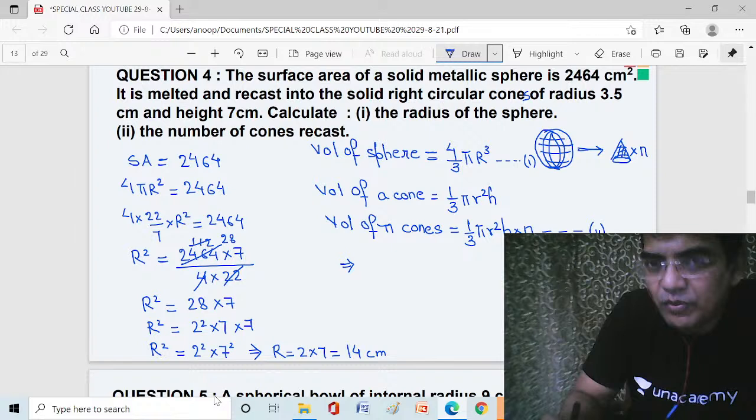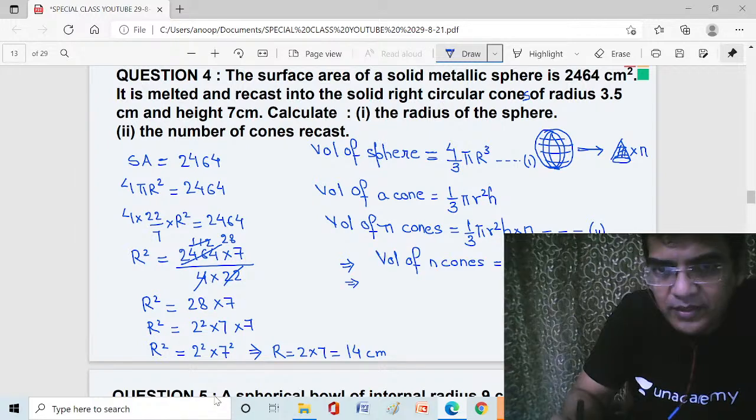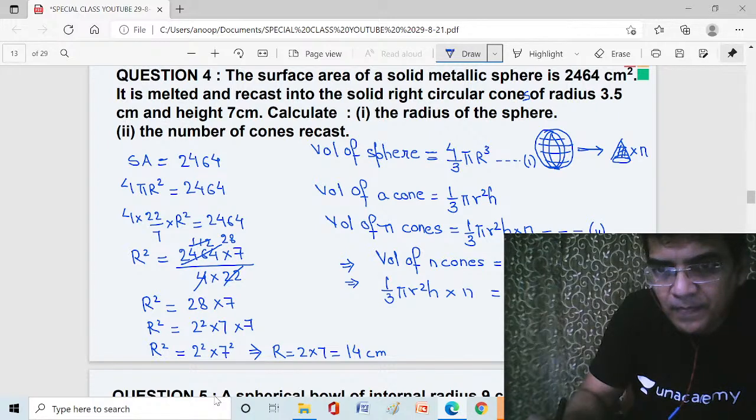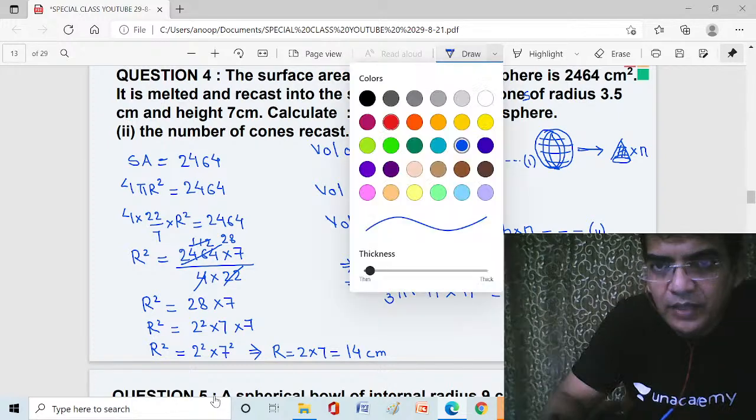Okay. So we have already calculated it in the form of formula. This is 4 by 3 pi r cube. Okay, now here, before substituting the values, you can cancel out pi both sides, and you can cancel out upon 3 both sides.